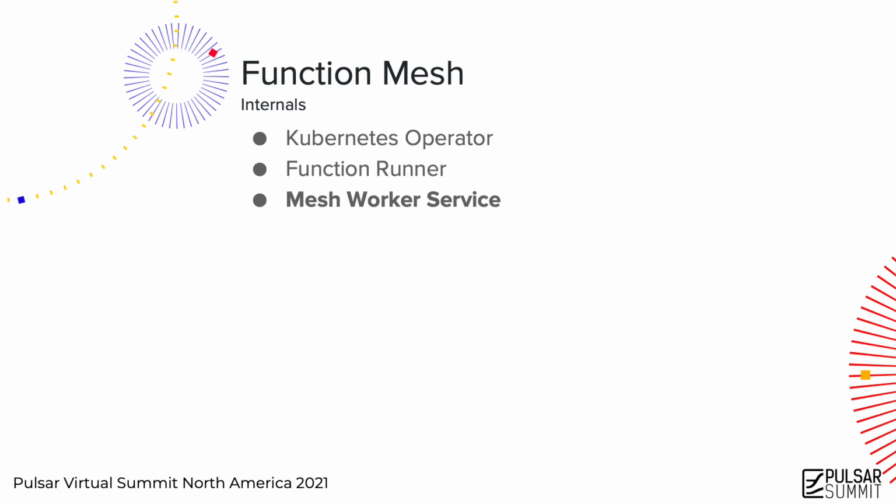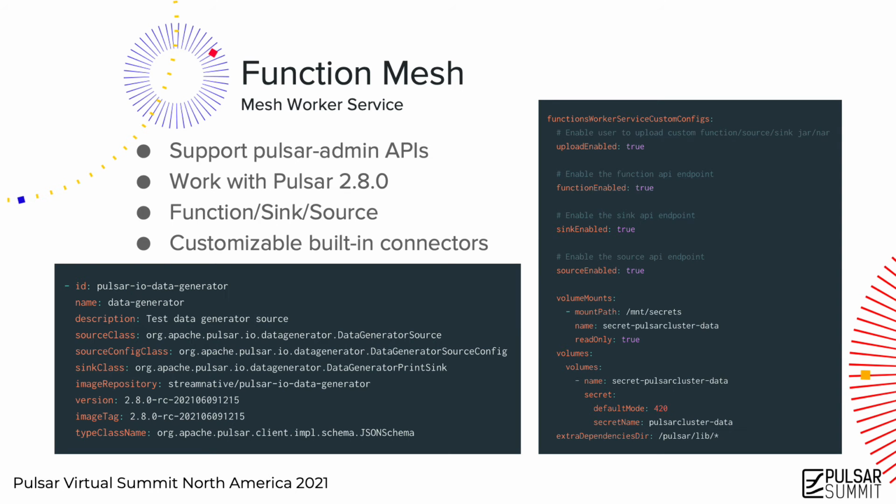Lastly, we have one more thing, which is the Mesh Worker Service. The Mesh Worker Service is implemented with Pulsar's Worker Service interface and packed as a NAR package, and you can use it as a plugin worker service along with the Pulsar brokers.